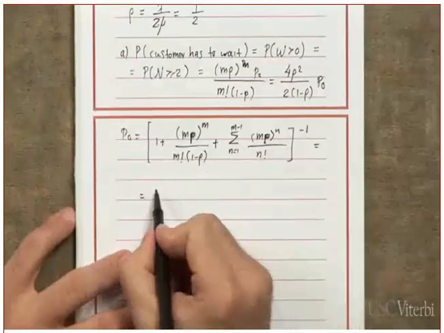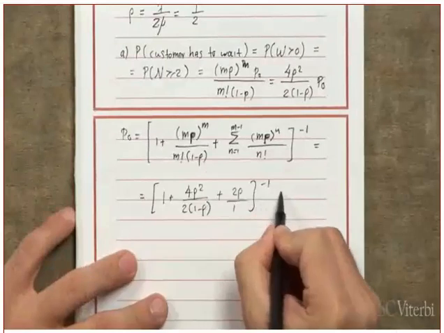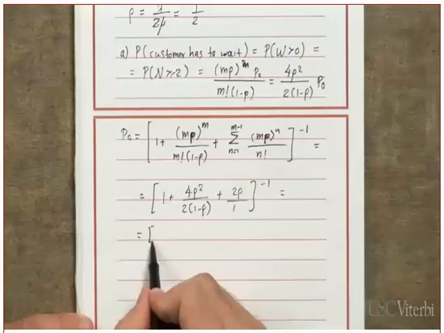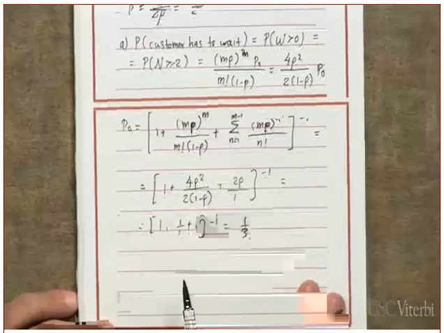Okay, so in the next question we need to find the probability that there are more than 4 customers in the system. We have 2 servers, 4 customers in the system. Have you seen this probability again?